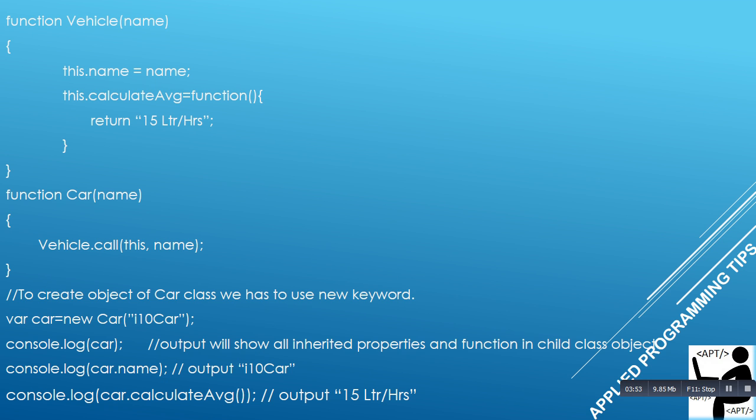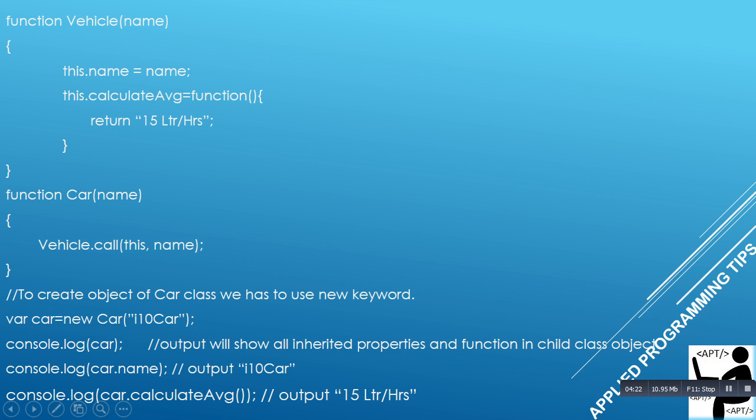For that, we have to write this kind of syntax for inheritance. For example, if Vehicle is the base class, then you write the base class, put the dot operator, call the function, and inside the brackets you have to pass the context of the Car class.